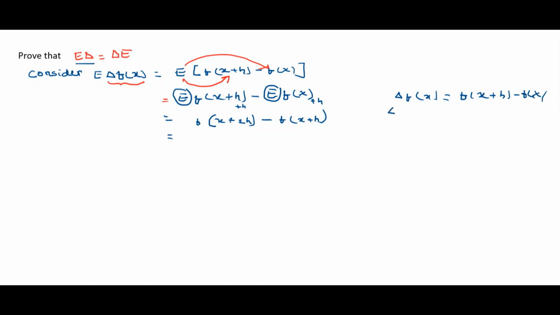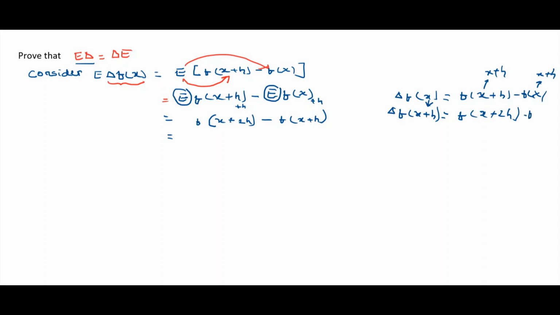Then what about delta f of x plus h? Delta f of x plus h means in place of x we have x plus h. So in place of x, if you write here x plus h, what you will get? That is f of x plus, this h plus h is equal to 2h, minus, again in place of x we can write x plus h.